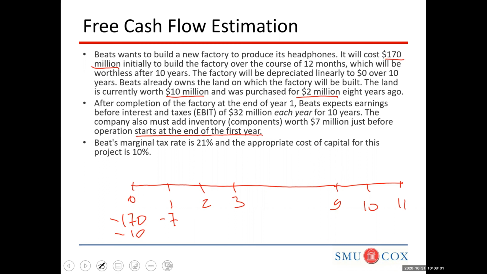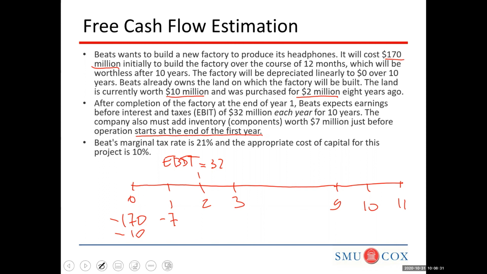I'll call it EBIT. I'll just put it here. EBIT is 32. So that's when EBIT is happening. It's not cash flow. We'll have to calculate the cash flow, but the cash flows start in our timeline in year 2. And then the cash flows will happen for 10 years. So they'll actually go until year 11 here.